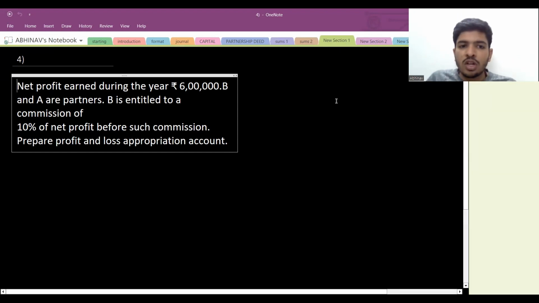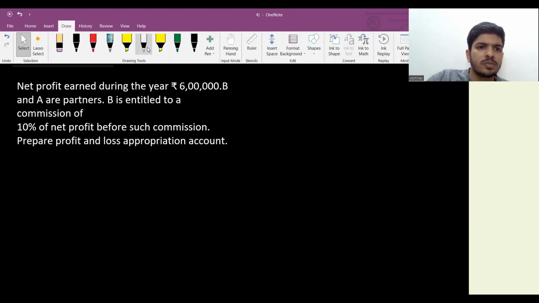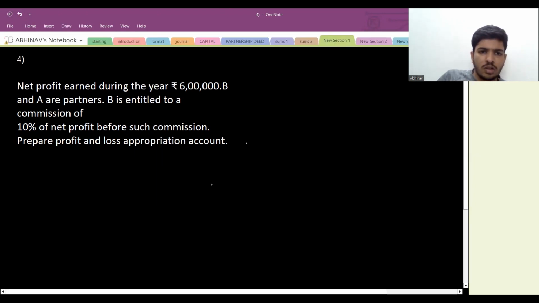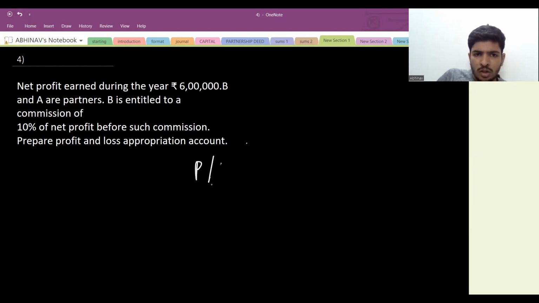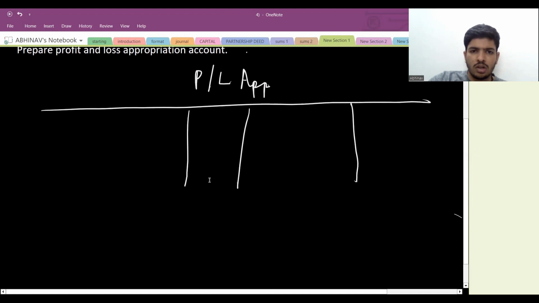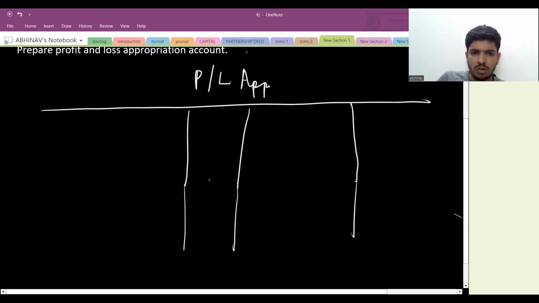They're not mentioning anything about partners' capital account, so all you do is directly write down the format for profit and loss appropriation. They're telling net profit earned during the year, so it's by profit and loss, 6 lakhs.